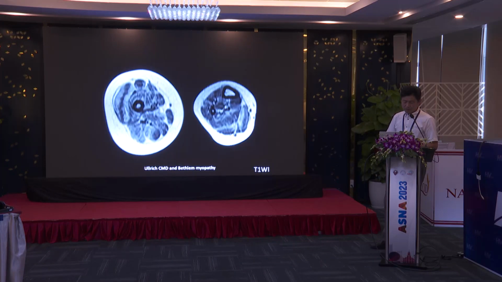And this is Ullrich congenital muscular dystrophy, which is allelic to Bethlem myopathy. And you can see exactly the same abnormality here, although fat infiltration is more marked. Another one, and target pattern again.